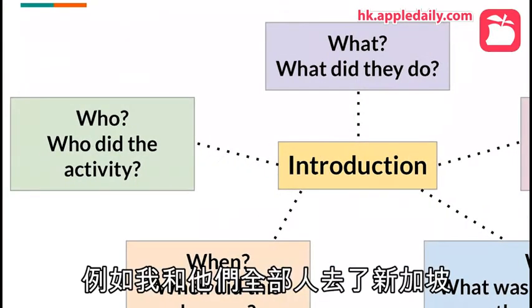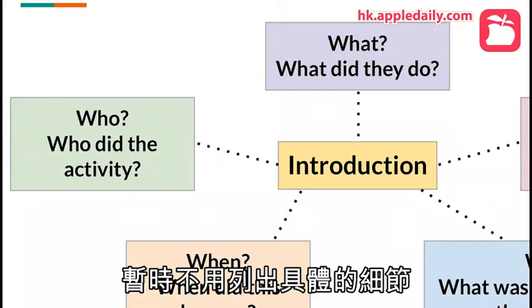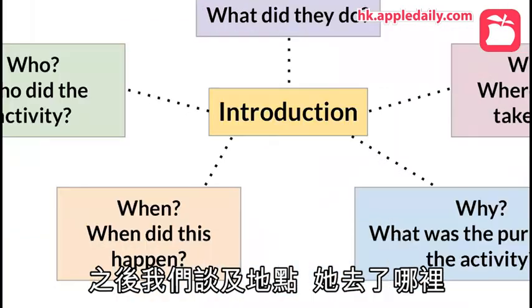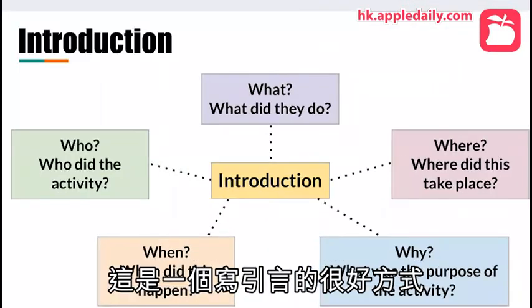You have to talk about, for example, I went to Singapore with all of these people. So these are short details, you don't have to go into very specific details quite yet, but you can talk about who was involved. And then we have where did you go, perhaps, when, and why.